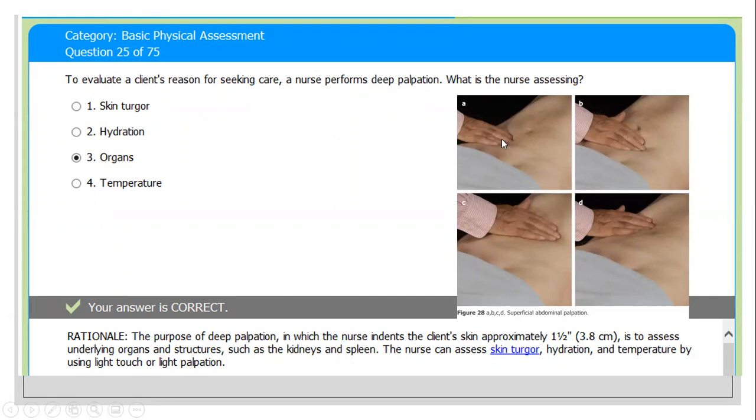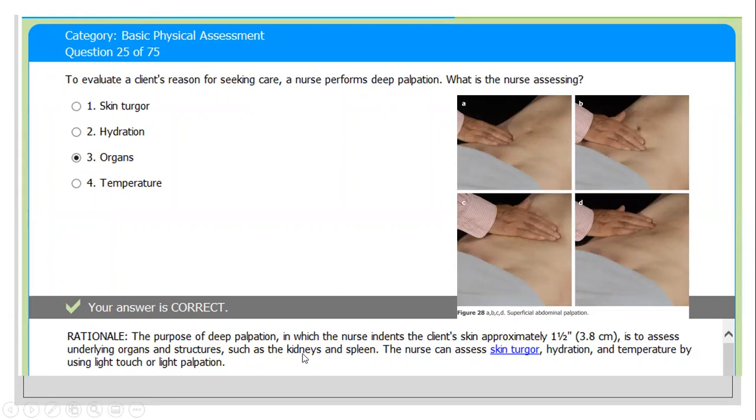So this nurse is putting a little bit of pressure to assess underlying organs and structures. Is it hard or soft in consistency? Is it enlarged, palpable, or not? Such as the kidney and spleen.